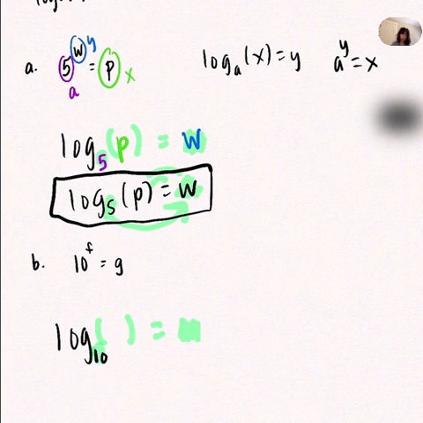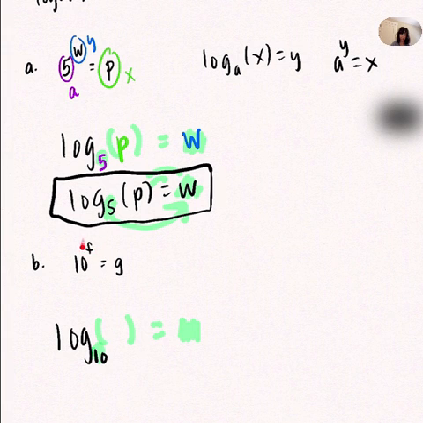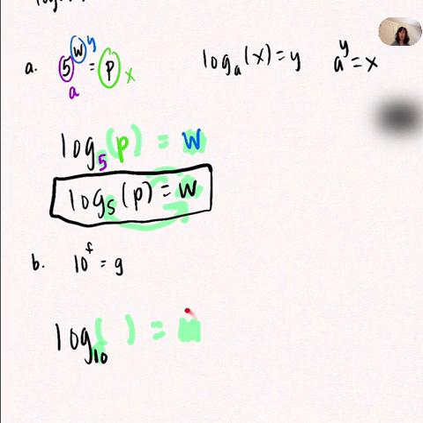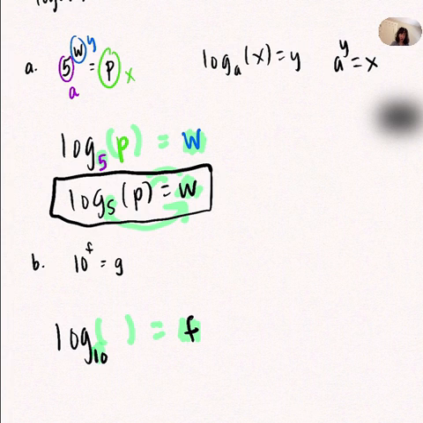Whatever is in the exponent of the exponential expression, that's what goes in the spot on the right, so that's where our f goes. And whatever is outside here, the number the exponent equals, that's what goes inside the log, so that's where our g is going to go.